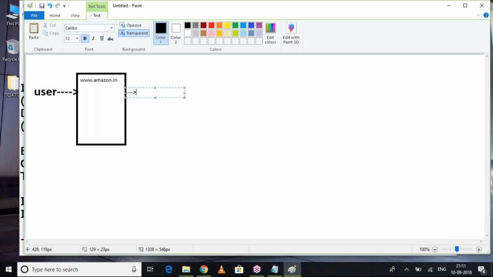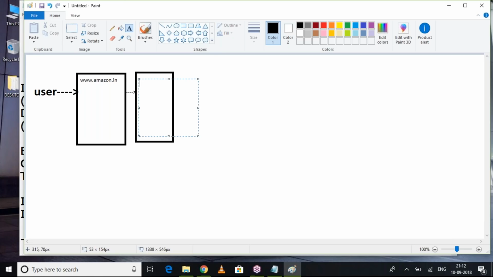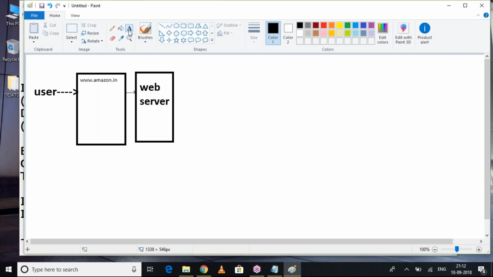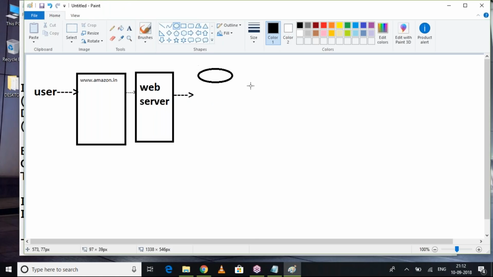And here the request is processed in the backend database server. From the web page, the data is sent to the web server. Remember, from the web page, the data is sent to the web server. From the web server, the request is sent to the database server.